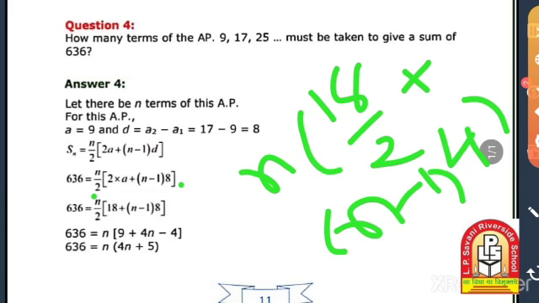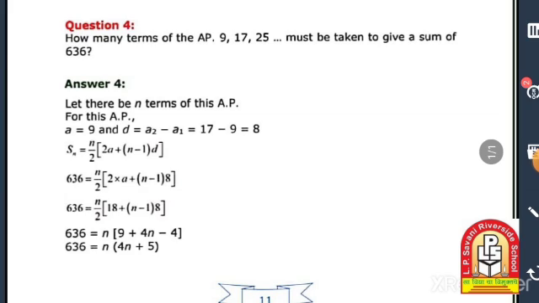So 18 by 2 is 9, and 8 by 2 is 4. In this way you get this term 9 plus n minus 1 into 4.